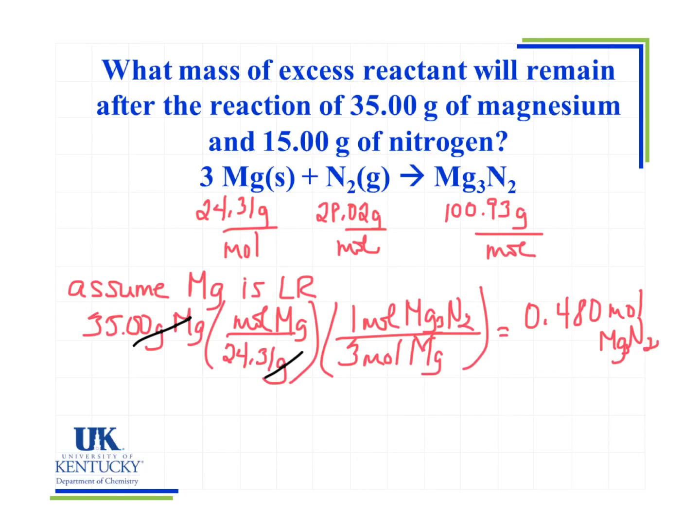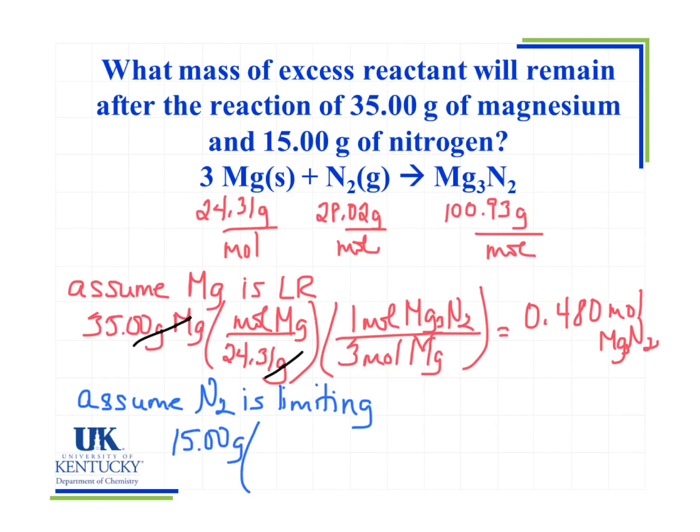Now I'm going to do a very similar calculation, only now I'm going to assume that the nitrogen is limiting. So I start with the amount given of nitrogen, which was 15.00 grams. I use my molar mass, again making sure the grams are on the bottom so that they cancel out.